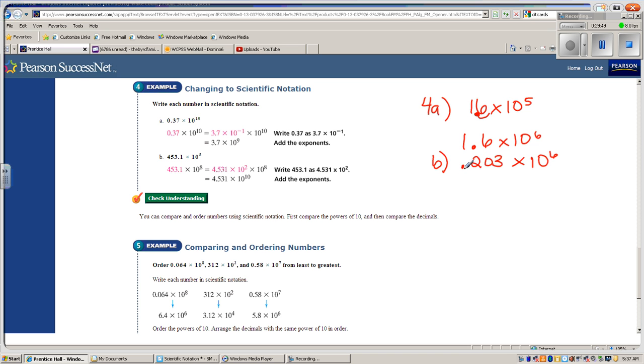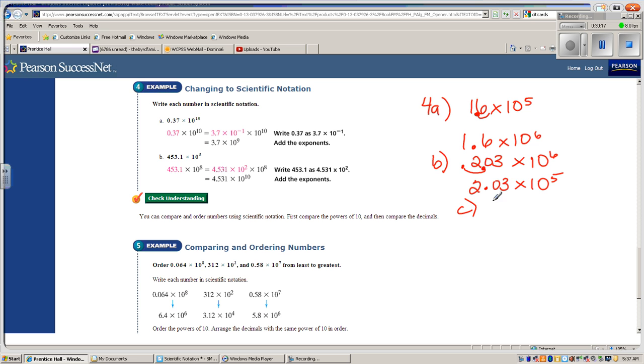So I'm going to move this decimal 1 unit to the right to make it into a number between 1 and 10. When I do that, this becomes 2.03 times 10 to the what power? To the 5th power in this case. We're moving the decimal 1 place over to the right, so we're going to take away 1 from our exponent.